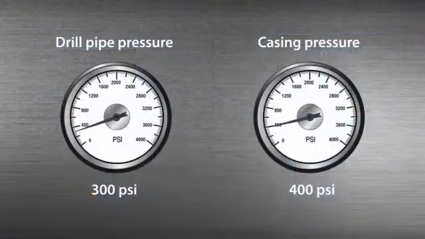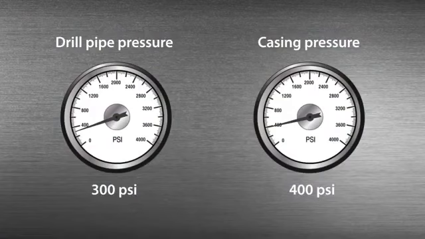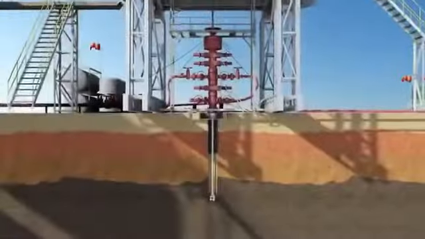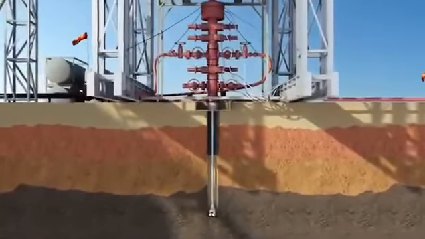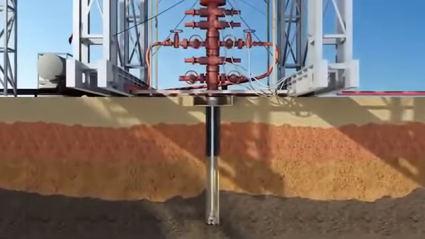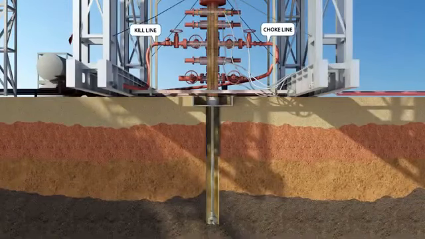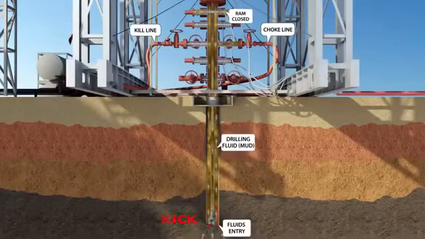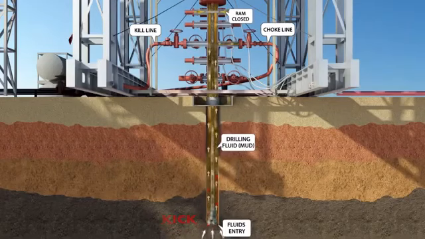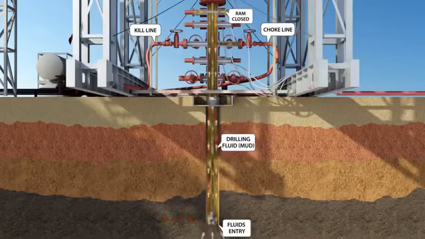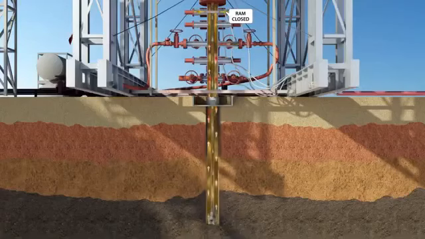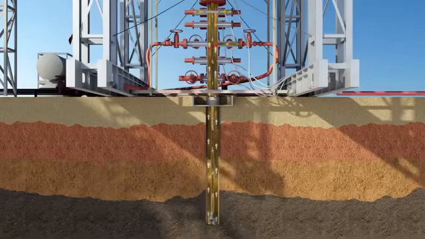The next step will be to monitor the shut-in drill pipe and the shut-in casing pressure gauges. The kick will be circulated out of the wellbore using the driller method first cycle, by pumping drilling fluid downstream and getting returns from the annulus through the choke line to the choke manifold and the poor-boy degasser, and toxic gases will be flared. Once the kick is out, the well will be shut in.